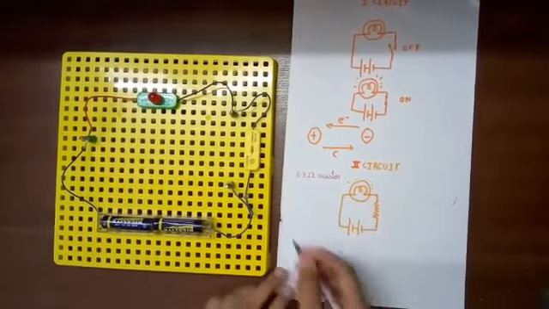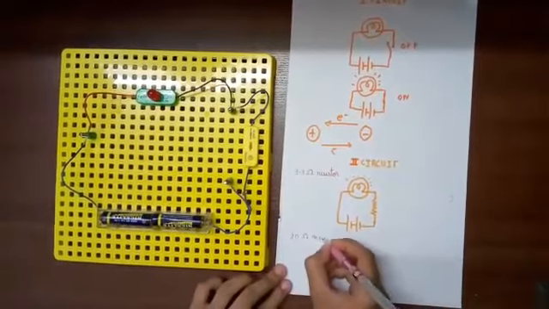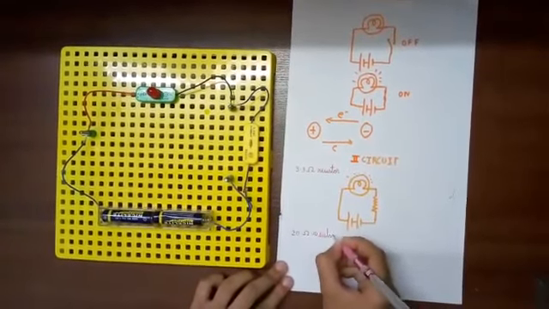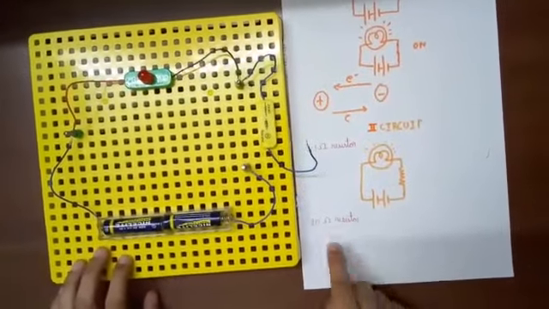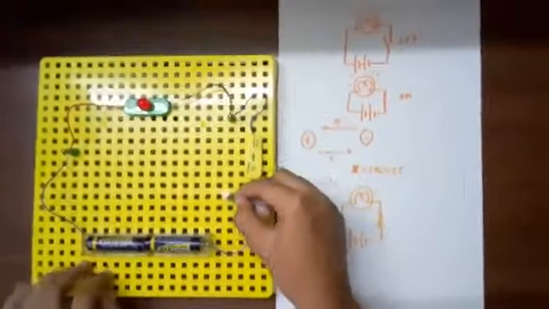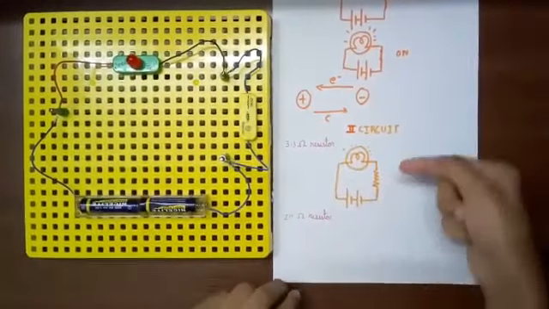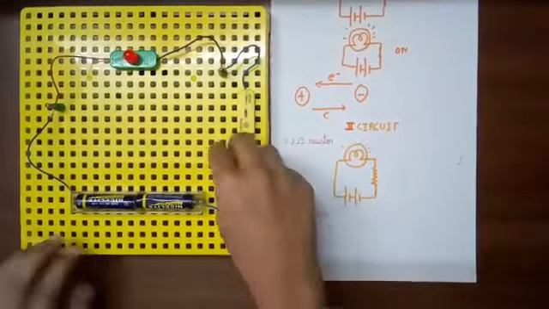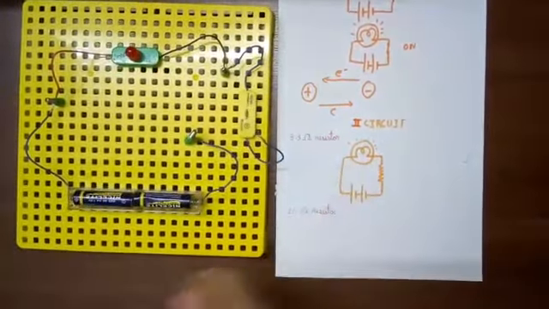Next one is with a 20 ohm resistor. Now when I connect this one, it's still dimmer. Can you see it? Still dimmer than the one before. So the circuit diagram of this one will be in this way.